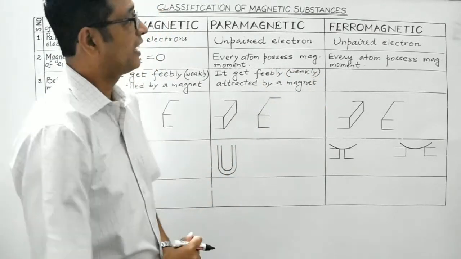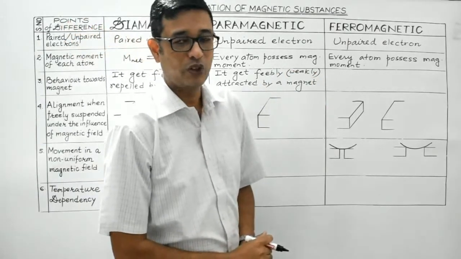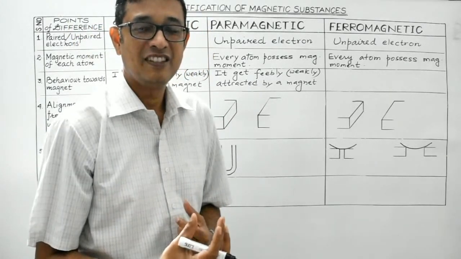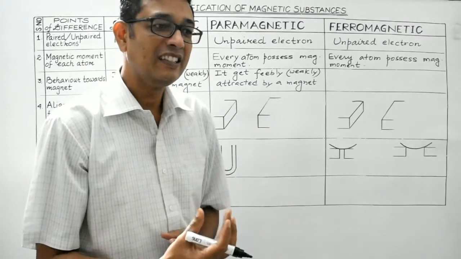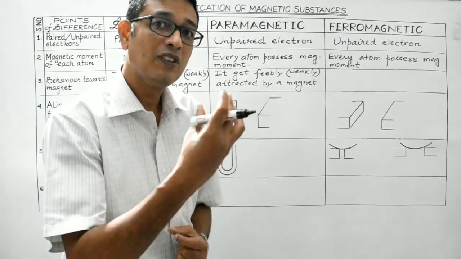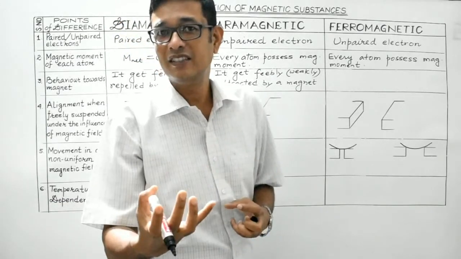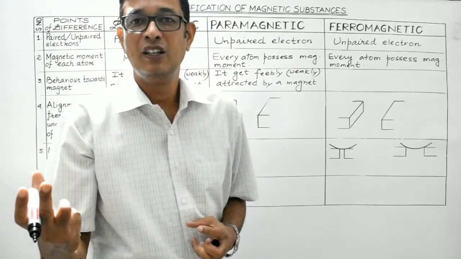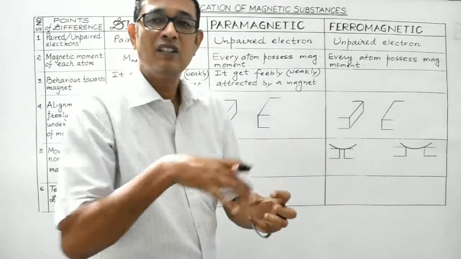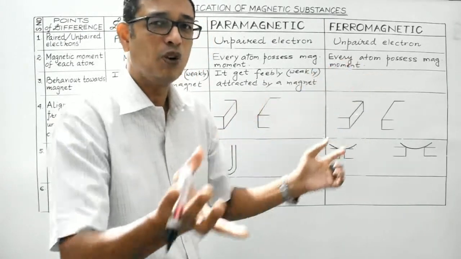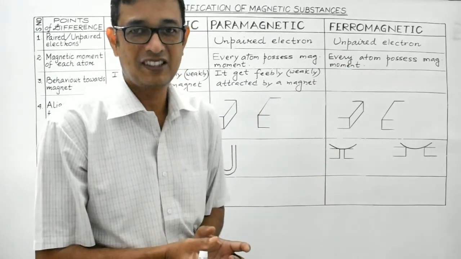While in the case of ferromagnetism, students, we are aware that due to the exchange interaction, an unpaired electron of an atom strongly interacts with the unpaired electron of a neighboring atom. So the atoms tend to align themselves in a common direction in certain small volumes which are known as domains.